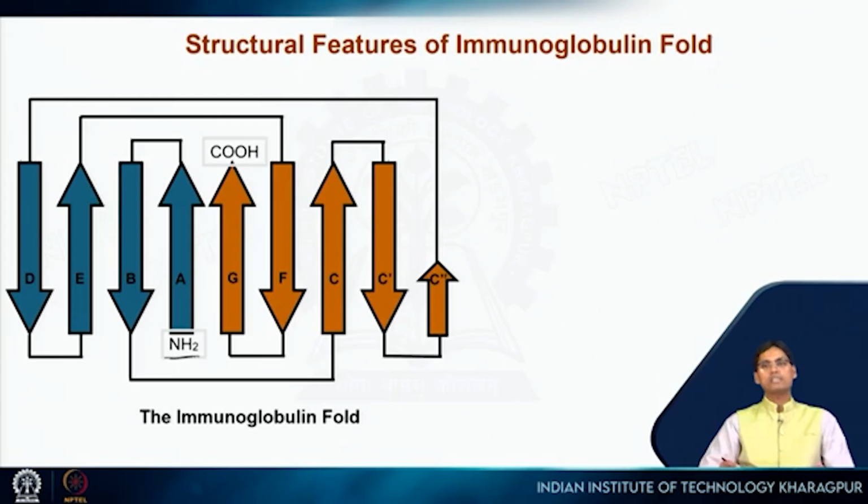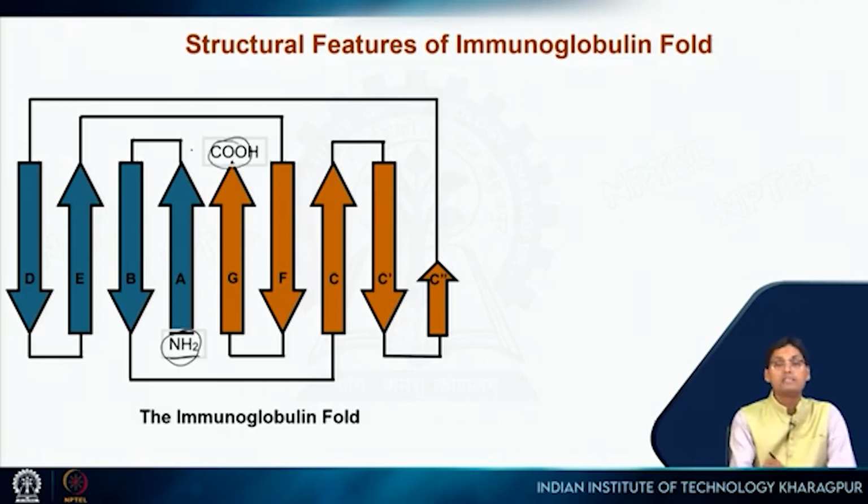During the protein lecture, you came to know that proteins have alpha helices and beta strands. So here, as you can see, this is all beta strands. And this is the N-terminal region, and this is the C-terminal, the end of the protein.